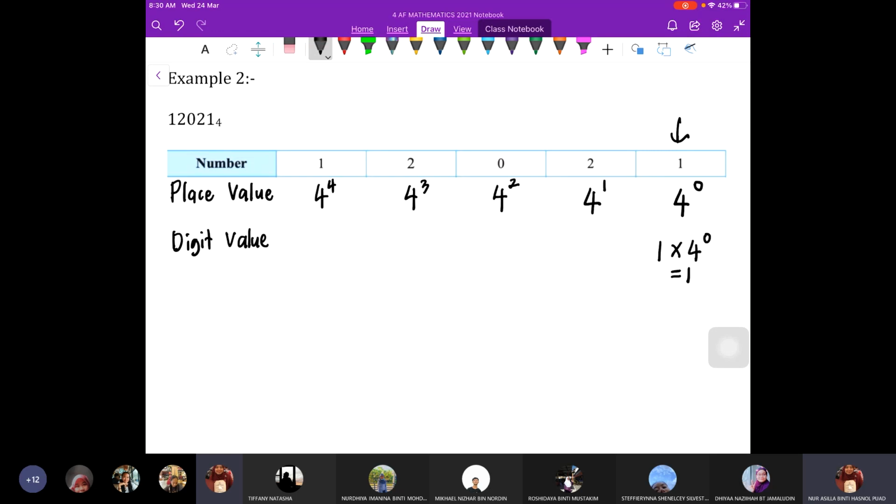Okay. So 4 to the power of 1. Kita panggil, oh tiba-tiba ada Exter kat sini. Exter. Lama tak jumpa Exter ni. Saya ambil ada kelas ni tak pernah lagi Exter muncul. Exter ada kat situ. Exter Noel, Billy.